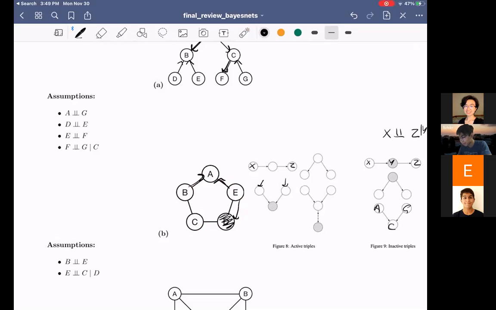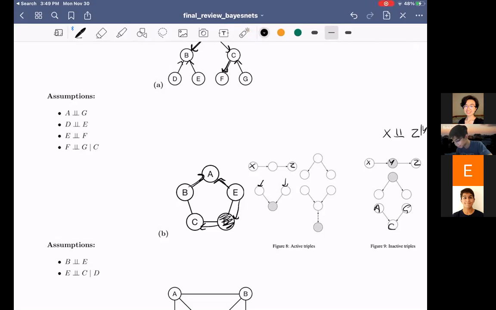And there's one more path from E to C. So what should we do about that one? Isn't the path from E to C through the left-hand side already blocked? Yeah, I think it is. Yeah, I think that makes sense then.